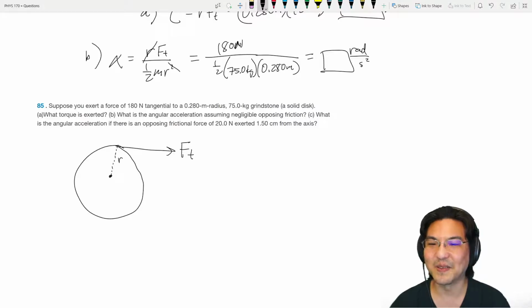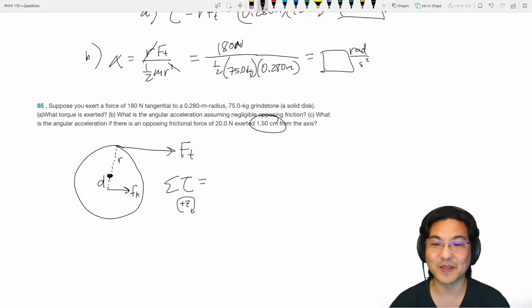But now there's some frictional force, a kinetic friction, acting at some other distance here, d, I'll just call it d, which is 1.5 centimeters.